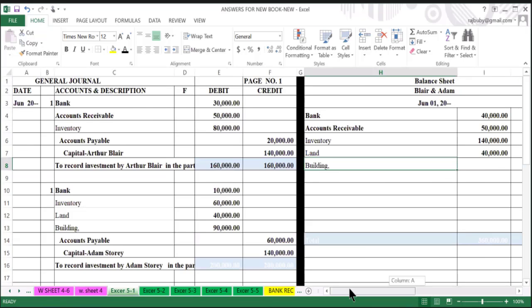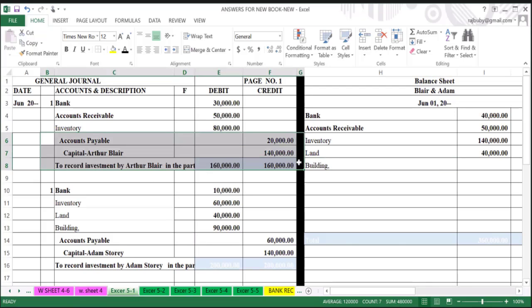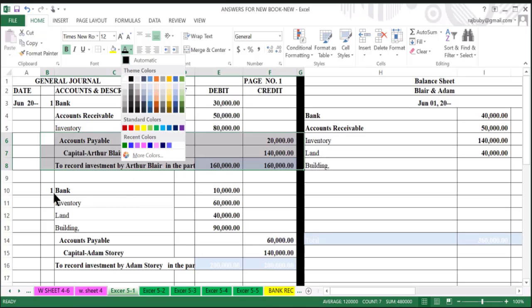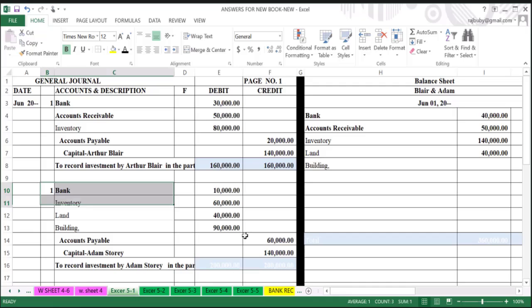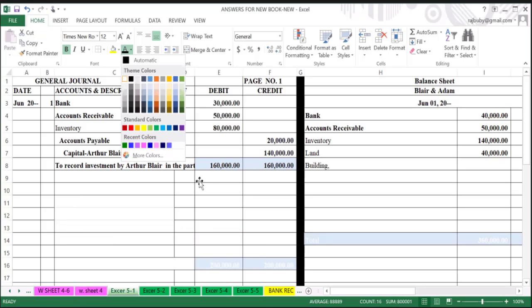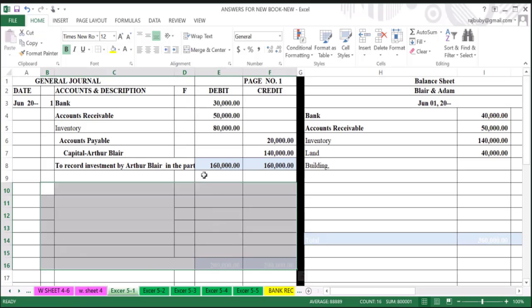Should we count all numbers, or can I write this separately? You count after you write, like, 4,000 cash. Can I write it separately?